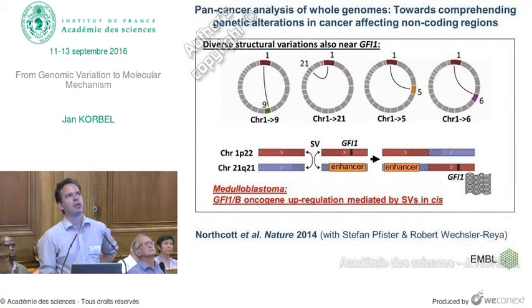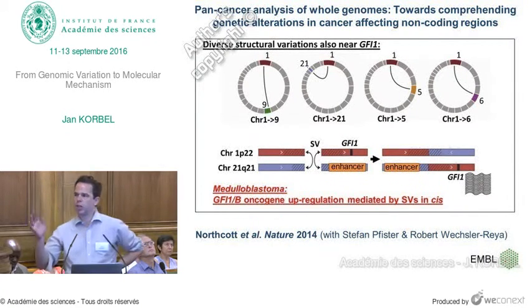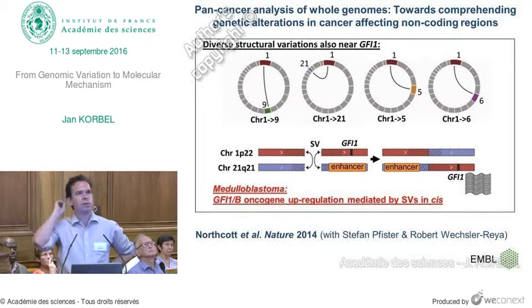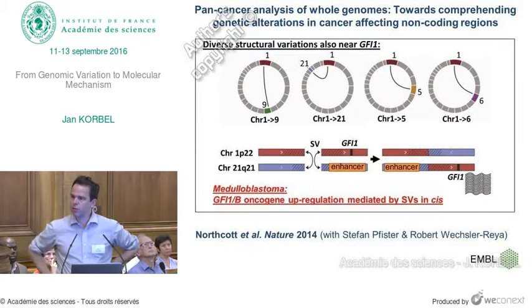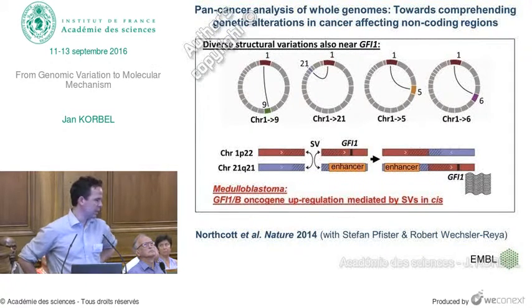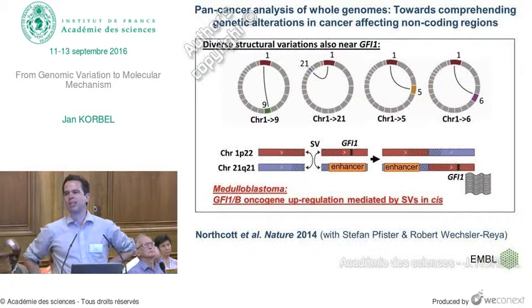Namely, we found that structural variations in cancer genomes, when we looked at childhood brain tumors, often appear to affect regions in which no obvious gene could be identified, making us wonder why we would see a recurrence of structural variations in this case.